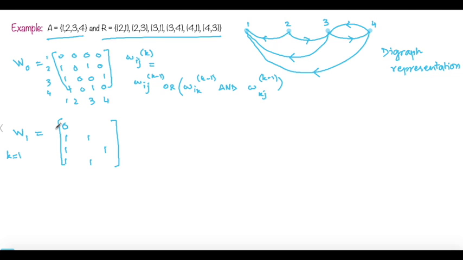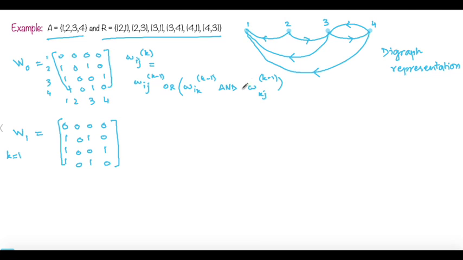Okay, and then you can check that the rest are also 0. So it turns out that W1 is the same as W0. And why is that? This is because there is no edge for which 1 is the source. So once we reach 1, we don't have anywhere to go.